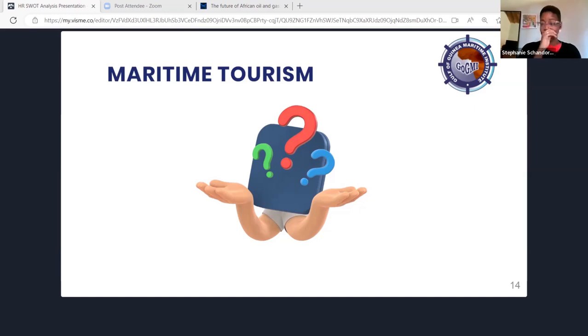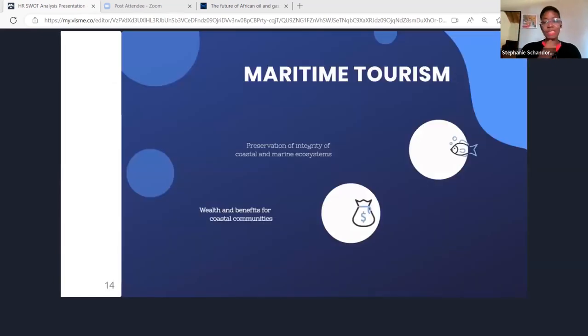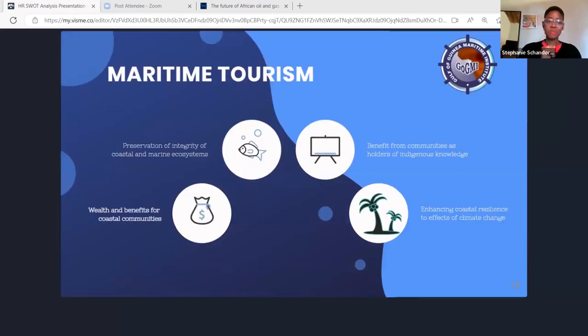Okay, if no one, then I will proceed. So yes, I think Enoch summed it up very nicely. Because the thing about maritime tourism is that if it is sustainably managed, it could generate wealth and benefits for indigenous coastal communities, right?